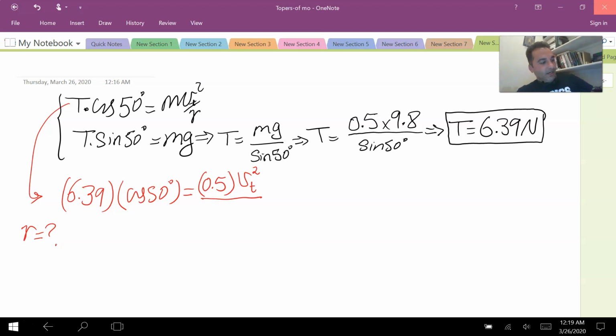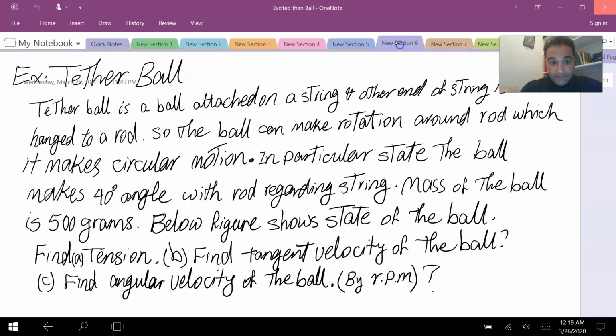So guys, I suggest this: always, the first thing that you have to do in these circular motion problems, first look for angles and then radius. Okay? We don't have the radius, but we can find it.